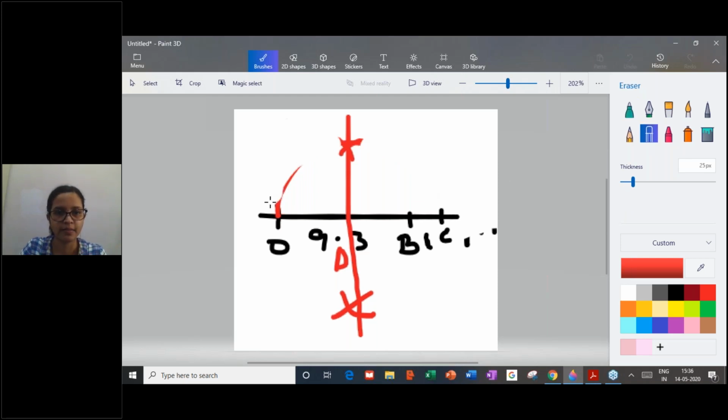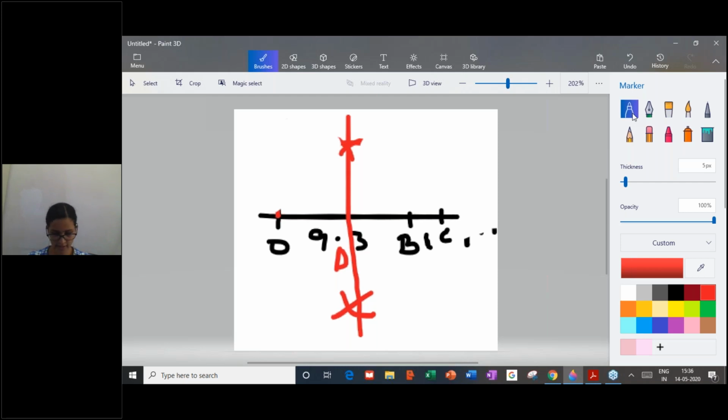Let's see. Somebody has answered. Yes, this is right, Puneet. You're right. Shivesh, yes, you're right. No, this does not seem to be right.